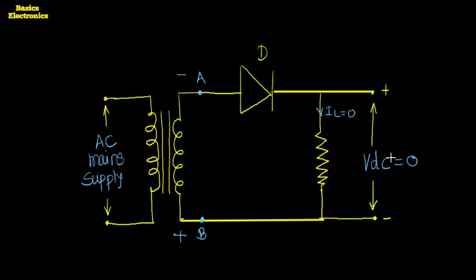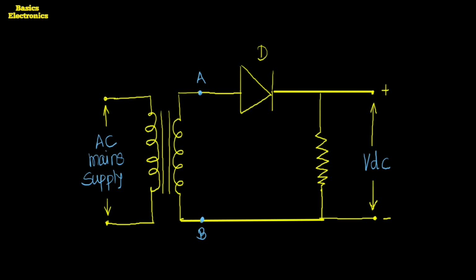It means the diode conducts only during the positive half cycle. During the negative half cycle, the polarities of the secondary of the transformer reverse, and it reverse biases the diode. So this is a brief description of the half wave rectifier.